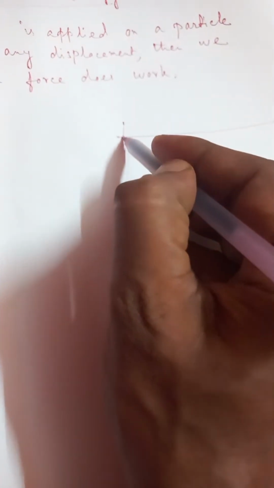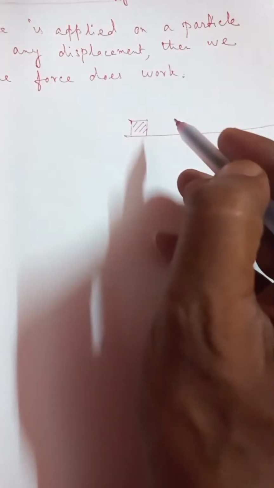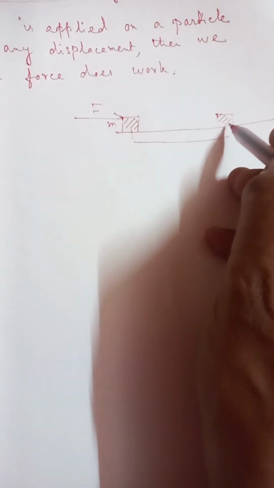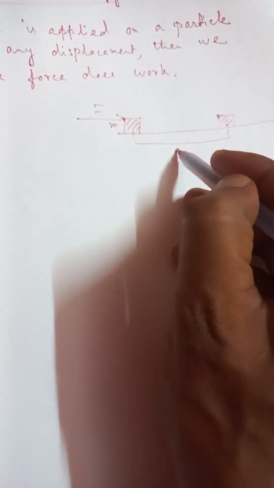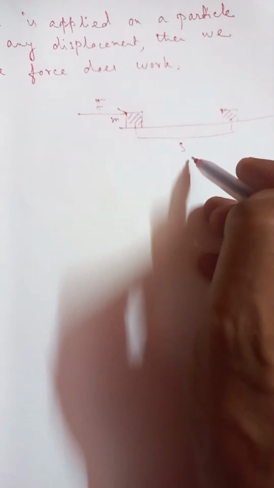If we draw a line and take an object of mass m and apply a force F and get a displacement S, so this is the force F applied on this particle and we have obtained a displacement of this particle of S.